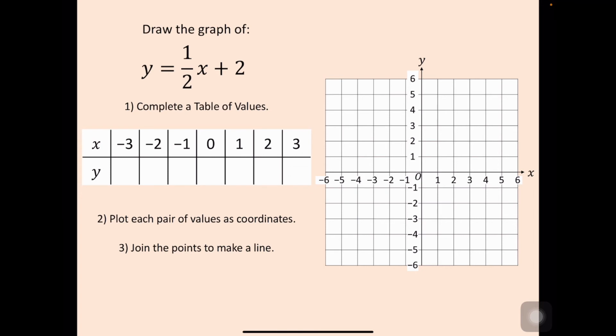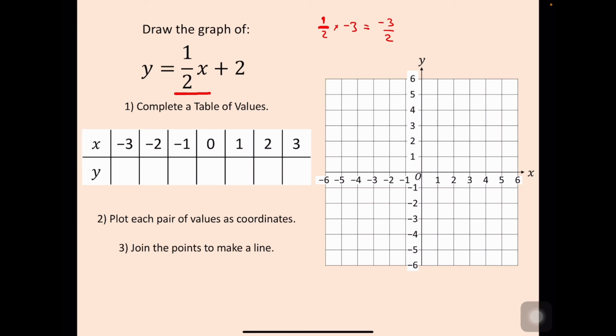Here we have our first example whereby the value in front of the x is a fraction. So it's 1/2. But again, we still use the same method. 1/2 multiplied by -3 equals -3/2.